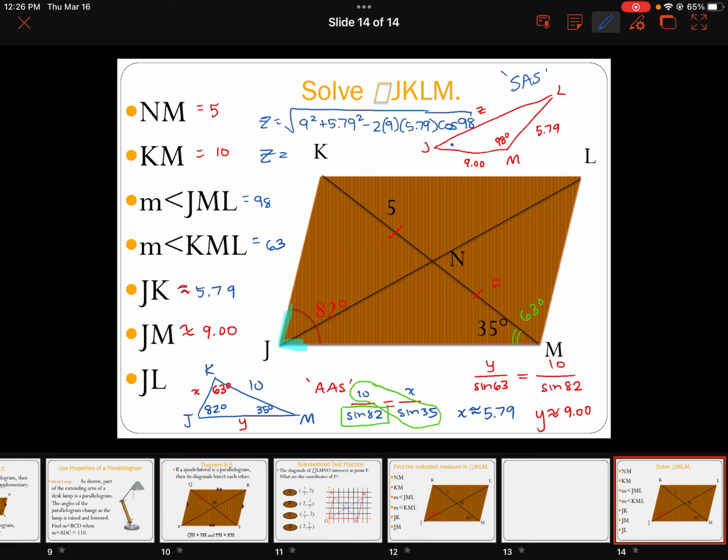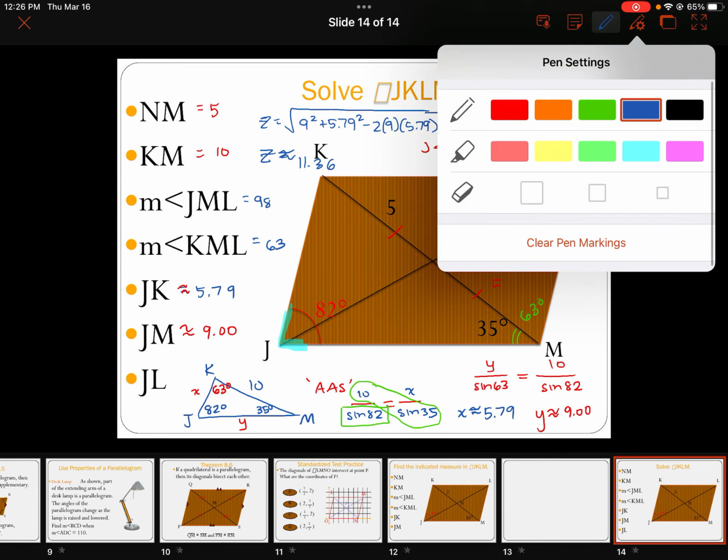So we're going to type this in exactly the way it is using those rounded answers, which I'm not a huge fan of. But make sure you type it in also. And make sure you get the same thing that I show you. It ends up being about 11.36, and that is not exact because, again, we used rounded answers to find it.